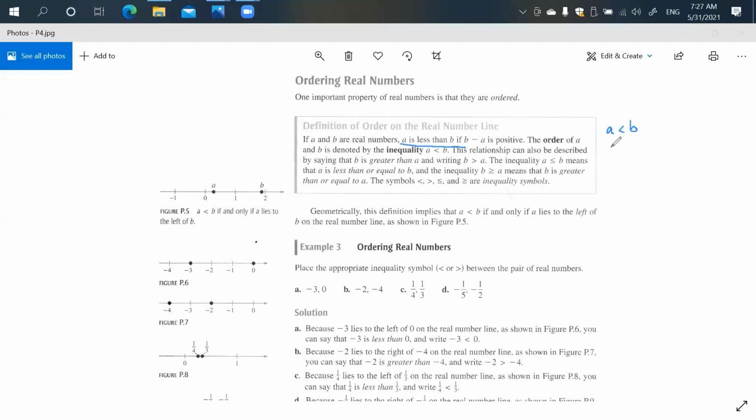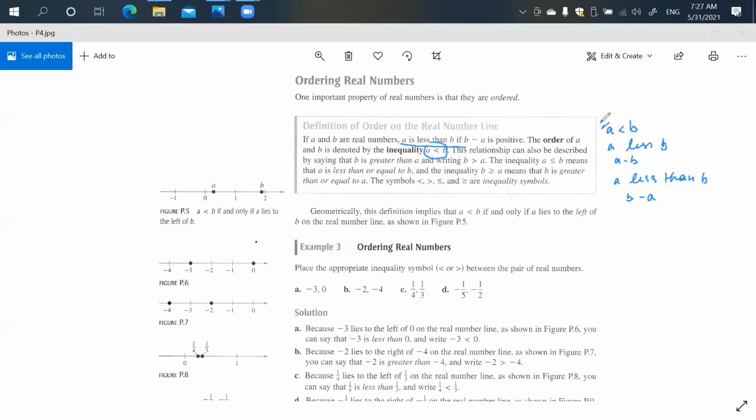If we say A less than B, this means B minus A. So when we say A is less than B, we write the symbol A less than B, like this.